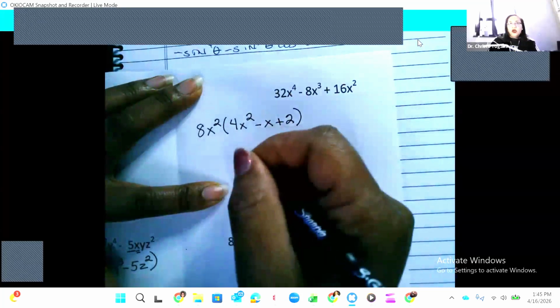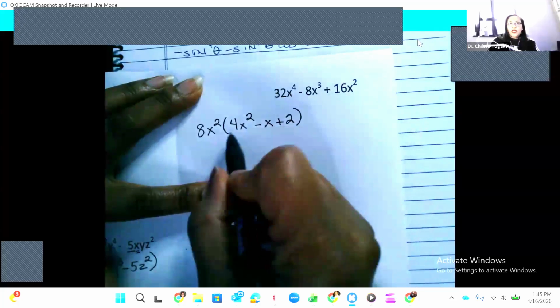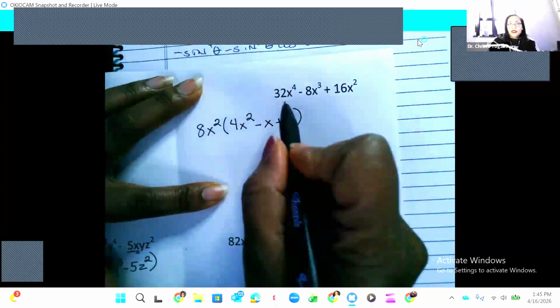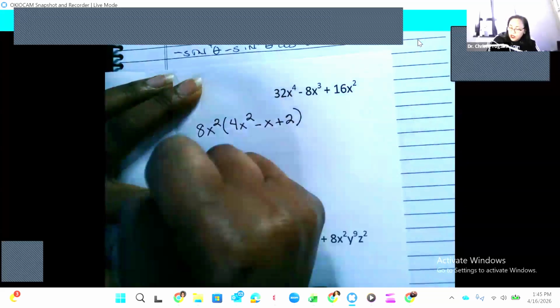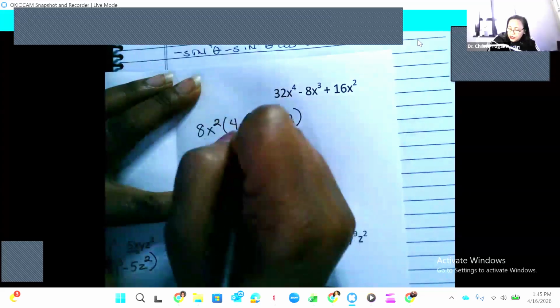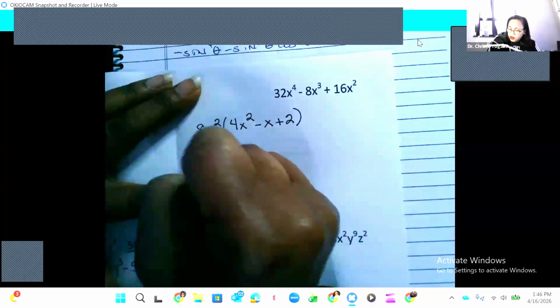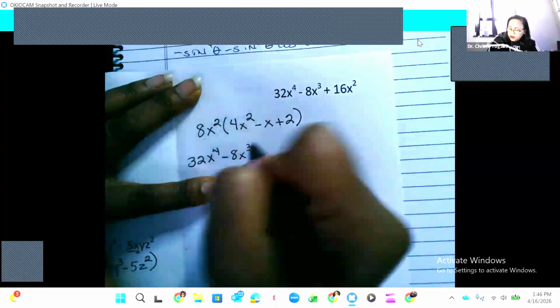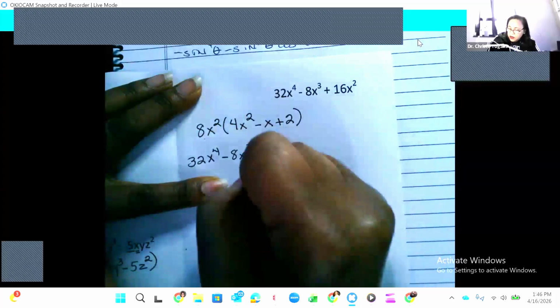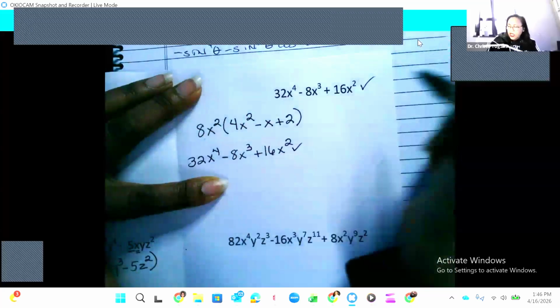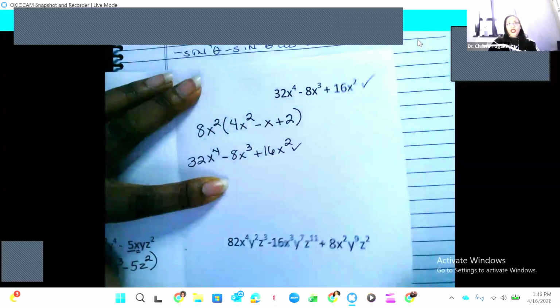Now, you can also just multiply this back through and see if you get this up here. So if I multiply 8 and 4, I get 32. I'll multiply, add the exponents, I get x to the 4th. Multiply, I get minus 8x to the 3rd. And then I multiply this, I get plus 16x squared. So check and check. There you go.